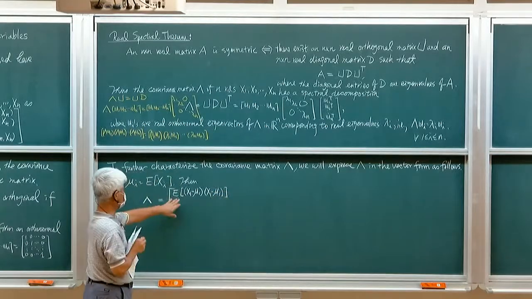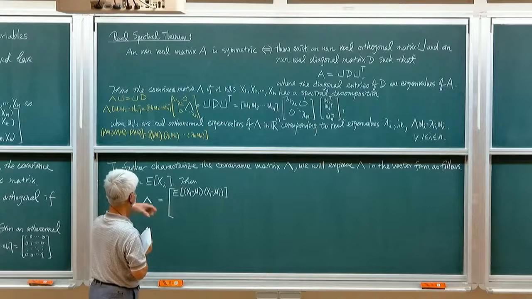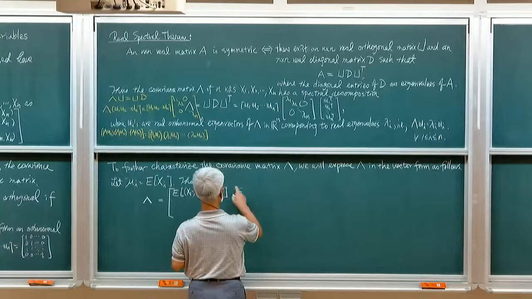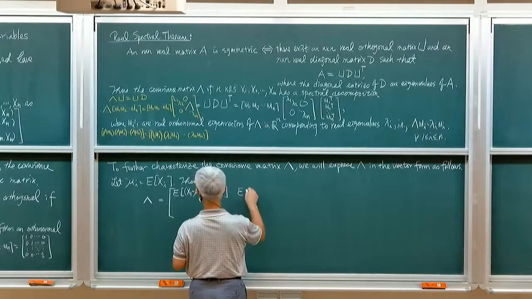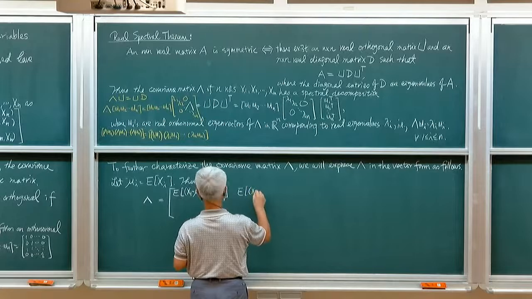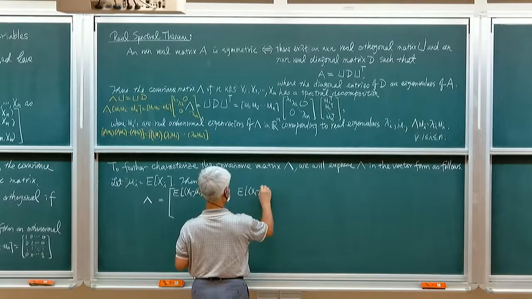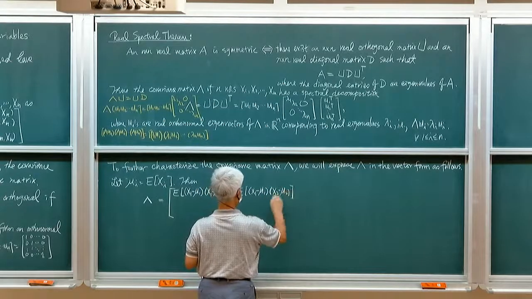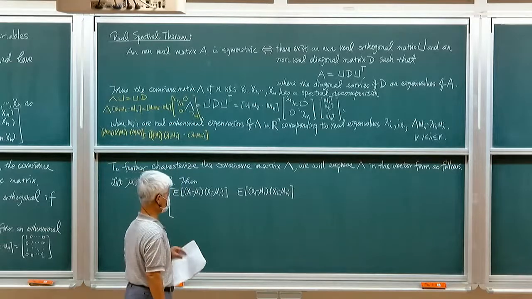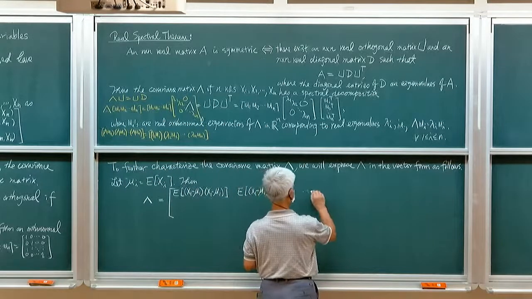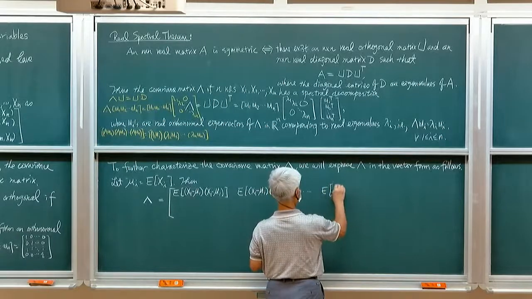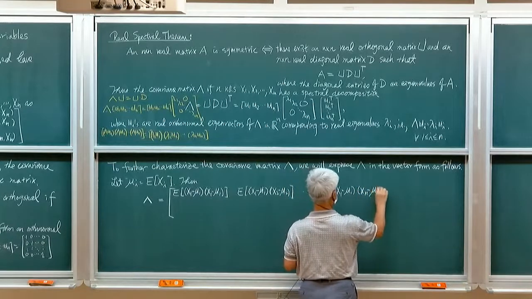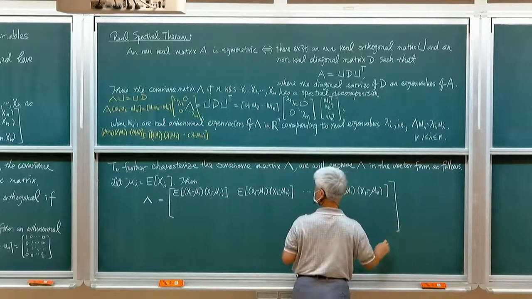So the first entry, the covariance of x1 and x1, that is the variance of x1. The 1,2 entry is the covariance of x1 and x2, up to x1 and xn.